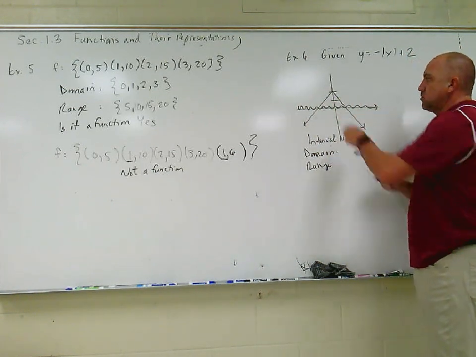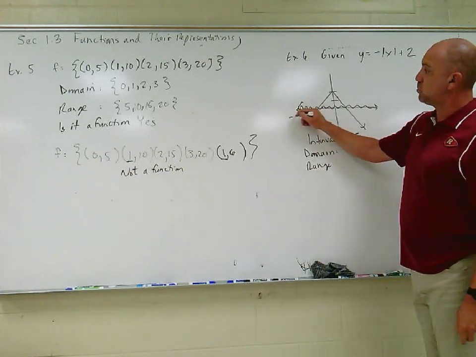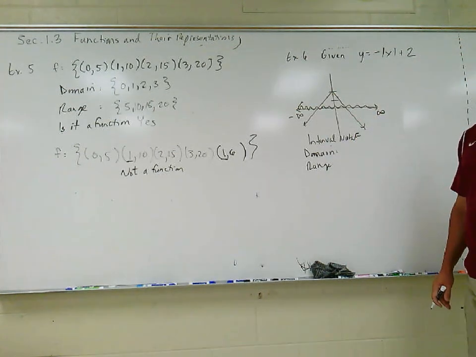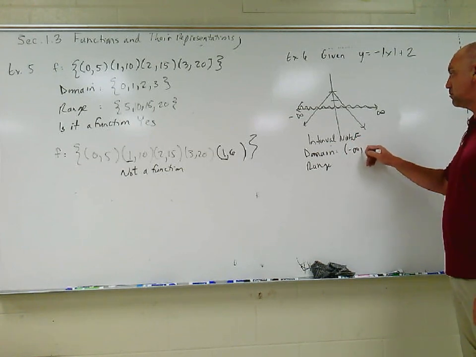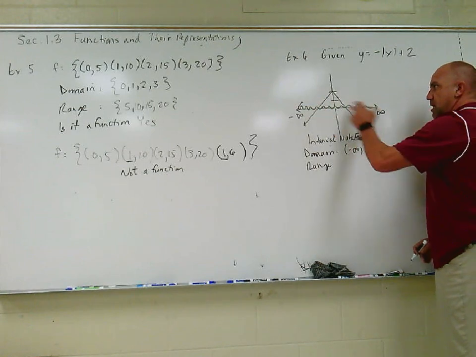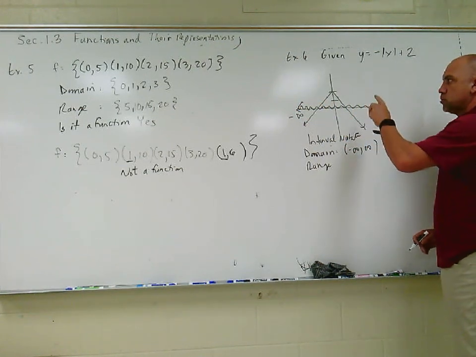Every x value gives you a point. So Allison's right, it's all real numbers, but what interval is that? Negative infinity to infinity, and you put parentheses. So if I give you a picture, can you look and see what the x's used are? You give that. So why don't you guys try range?